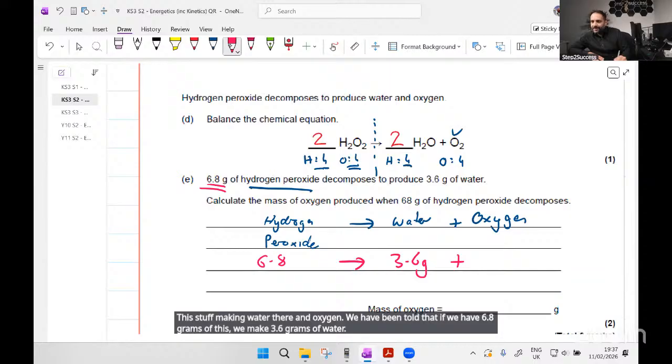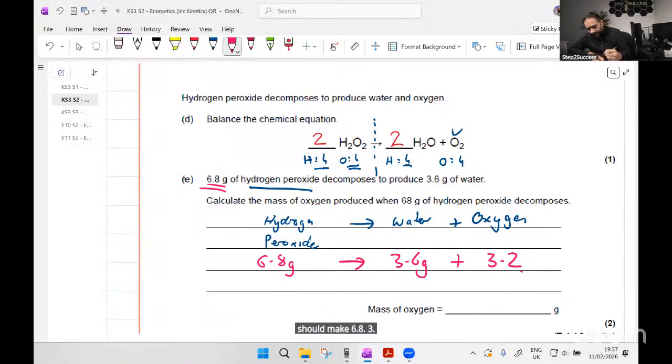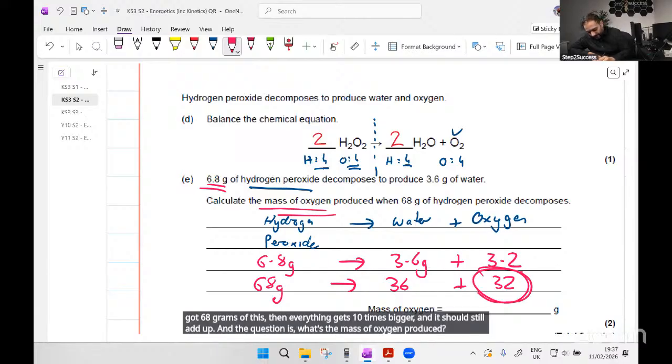Now, masses in chemistry should all add up on both sides. So if I've got 6.8 grams that I start with, I should finish with 6.8. So 3.6 plus something should make 6.8. 3.2. Now what we're saying is we're going to start with 68 grams of this. If I've got 68 grams of this, then everything gets 10 times bigger, and it should still add up. And the question is, what's the mass of oxygen produced? That's there.